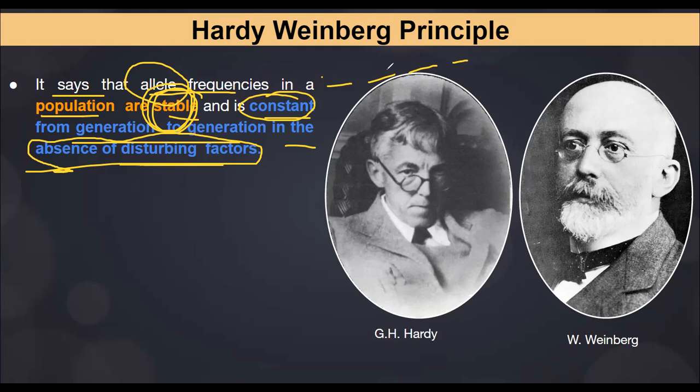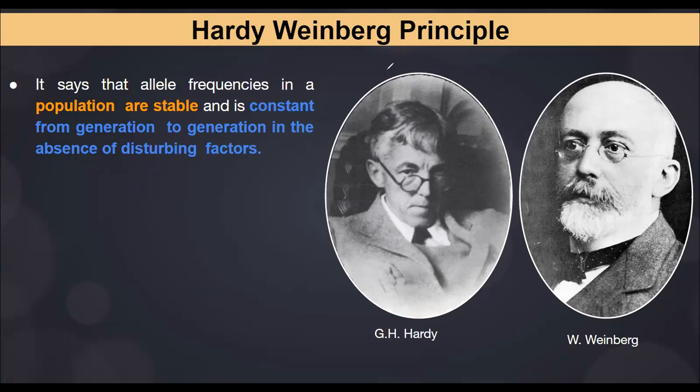Disturbing factor can be anything, like elimination of a particular allele due to sudden death, environmental factors, harsh environment, unfavorable environment, all these factors can be there. So when there is an absence of disturbing factors, when everything is normally going, generation to generation the allele frequency will be stable and constant.